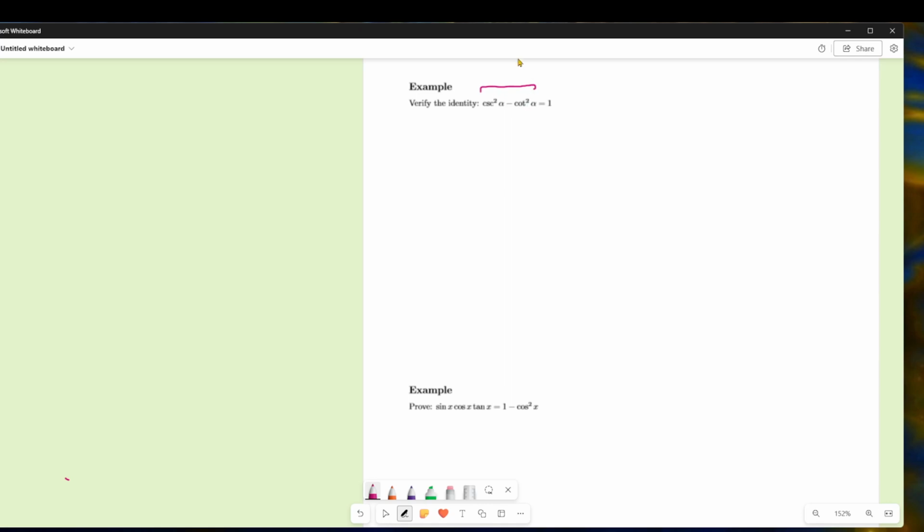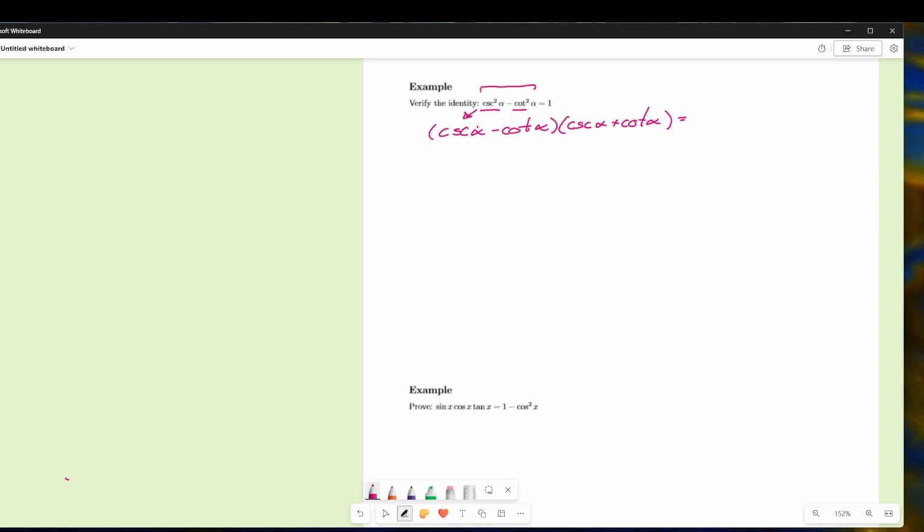You might think about the problem we had before and say, hey, this is something squared times something else squared. And you might think, well, hey, we could factor that into cosecant alpha minus cotangent alpha times cosecant alpha plus cotangent alpha. And that's totally true. That can turn into that, no problem.